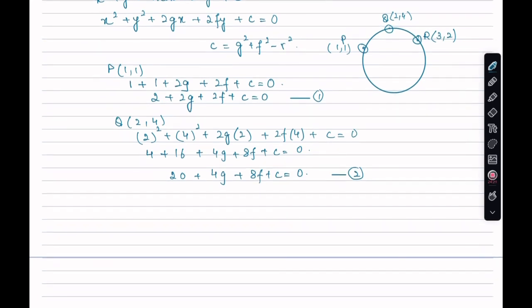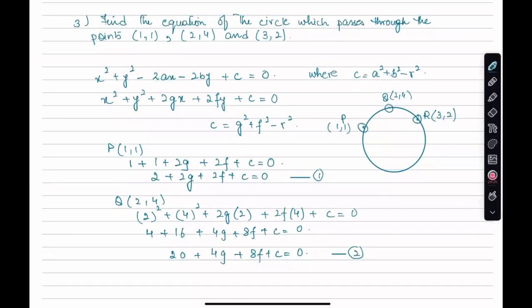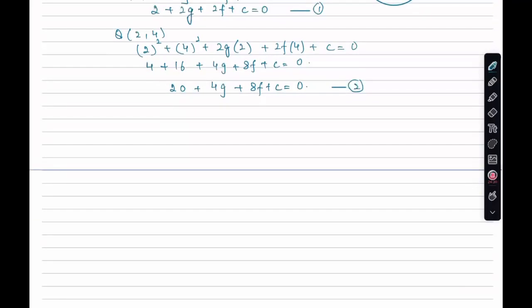Now the third point that was given in the question was point R, with coordinates 3 and 2. So let's substitute R also in the equation, R with coordinates 3 comma 2. So the equation would be x square, meaning 3 the whole square, plus y square, meaning 2 the whole square, plus 2g into 3 plus 2f into 2 and plus c, which is equal to 0.